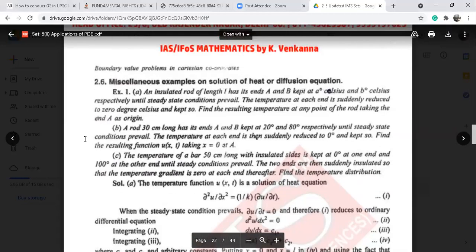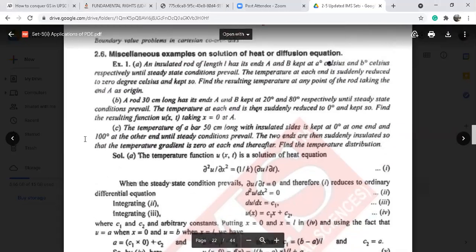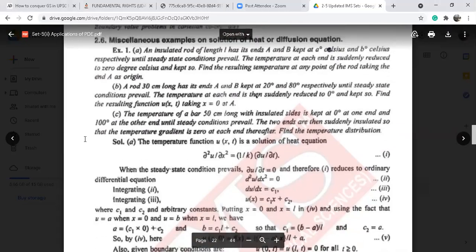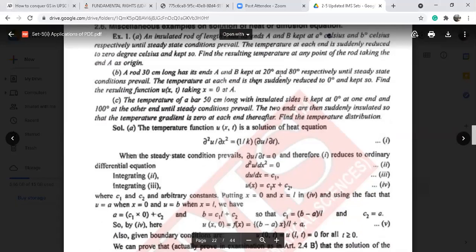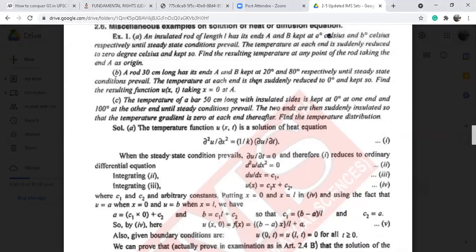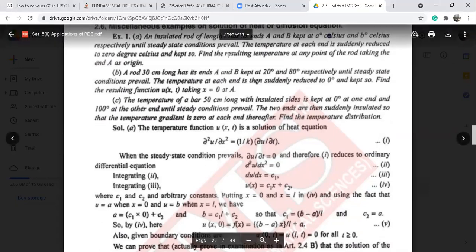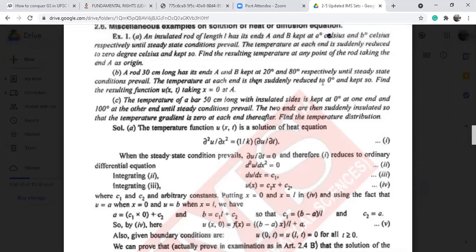So if you see the question in part B, initially the temperature is kept at 20 and 80 degrees, and they say we keep the rod like this till the steady state prevails. So from this you will get the initial condition f(x), the curve for f(x), and then suddenly both ends become 0 and are kept so.